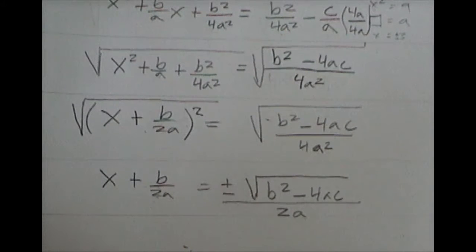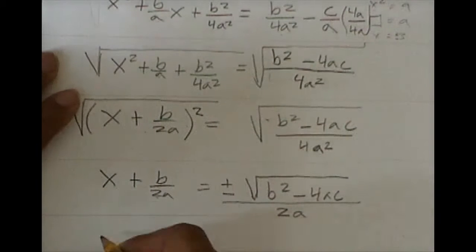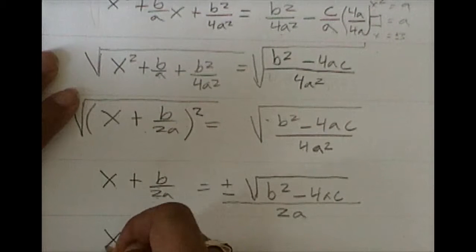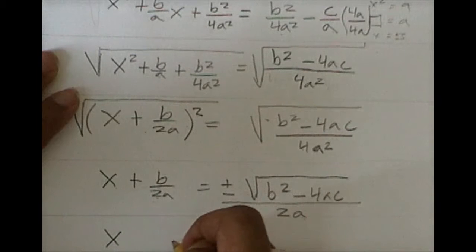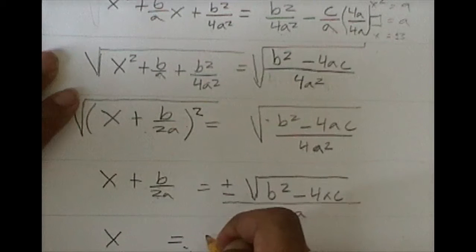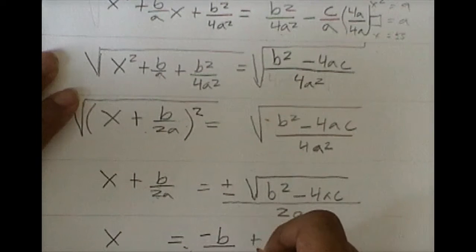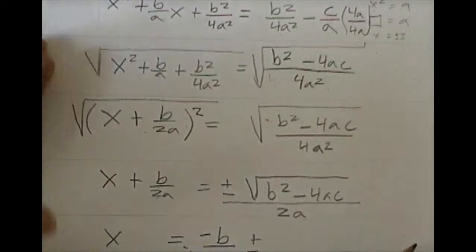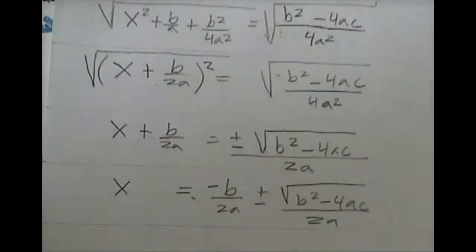Isn't there a 0 over here? Of course there is. Now we've done it once already, I don't have to do it again. So now I know that x equals negative b over 2a plus or minus this whole thing. Take a second to write it out. All right, now everybody can see it.